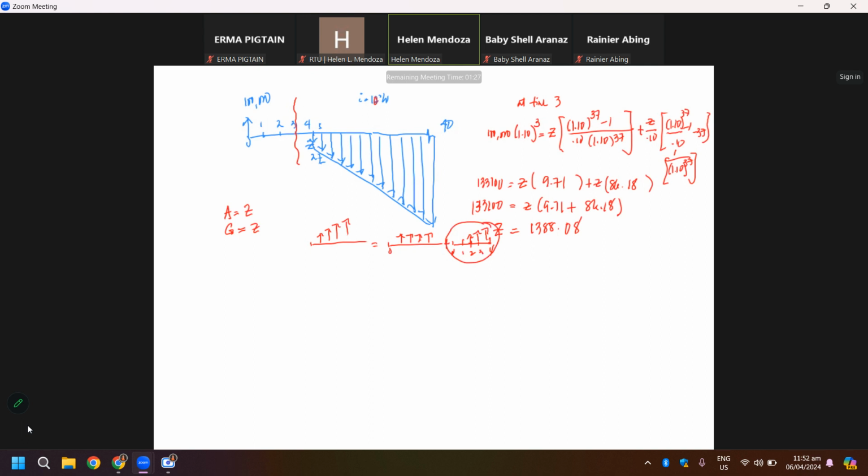So, kung dadalhin ko ang value sa time 2, then I would have 100,000 times 1.1 raised to 2.